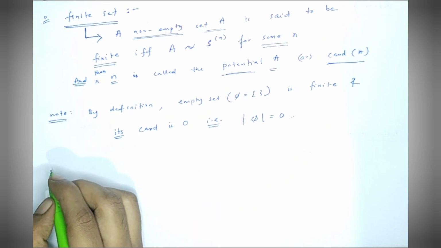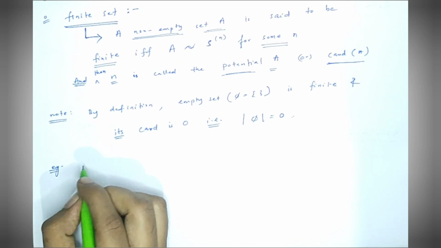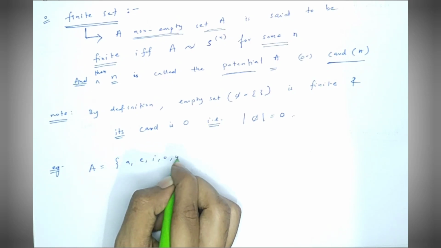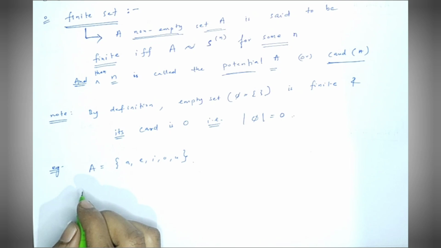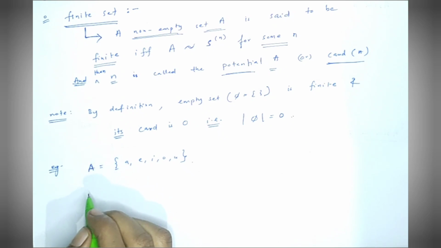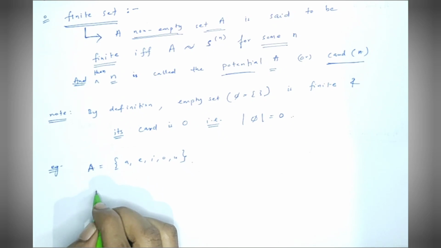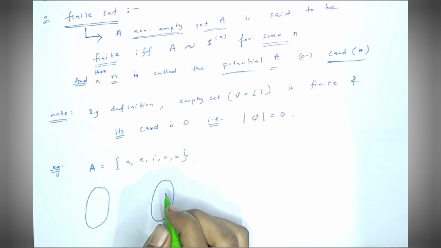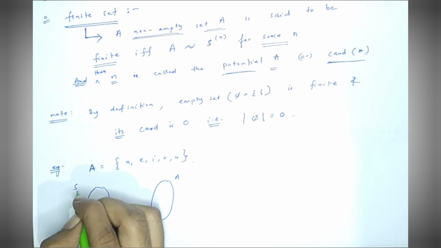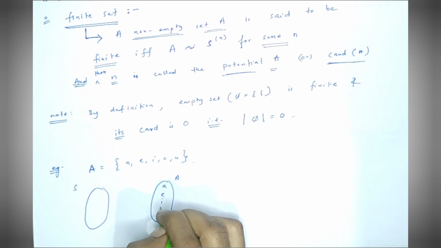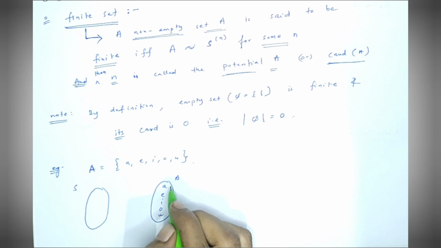Let's take an example. If I define a finite set A as A, E, I, O, U, let's discuss the potential of A. If I define a function between the initial segment of natural numbers and set A, let me write down all the elements of A: A, E, I, O, U. How many elements does set A have? 1, 2, 3, 4, 5.